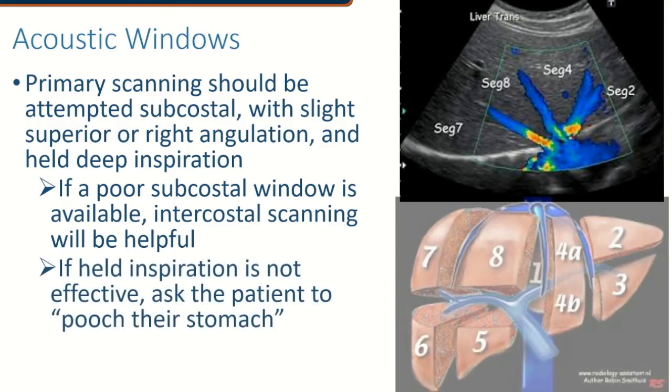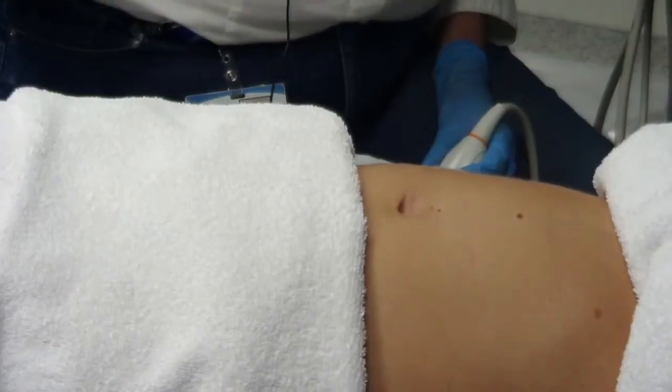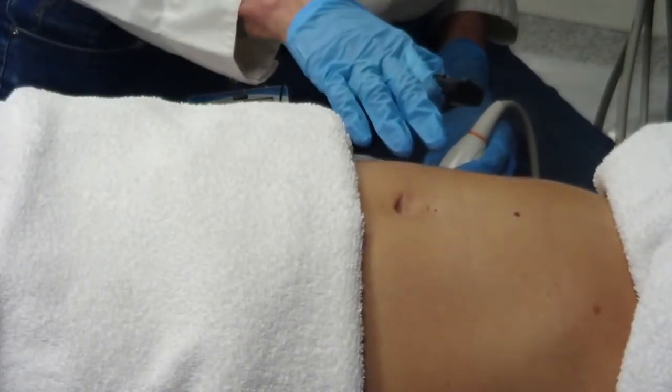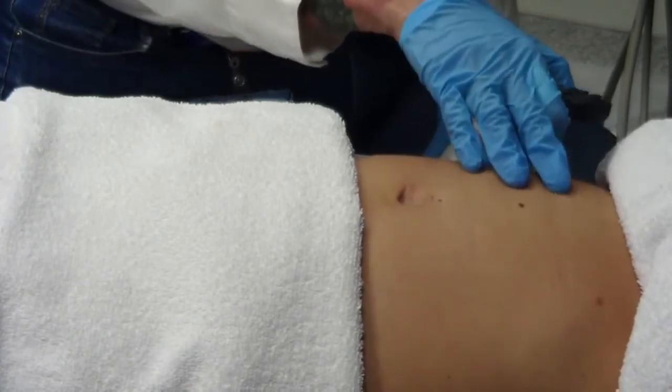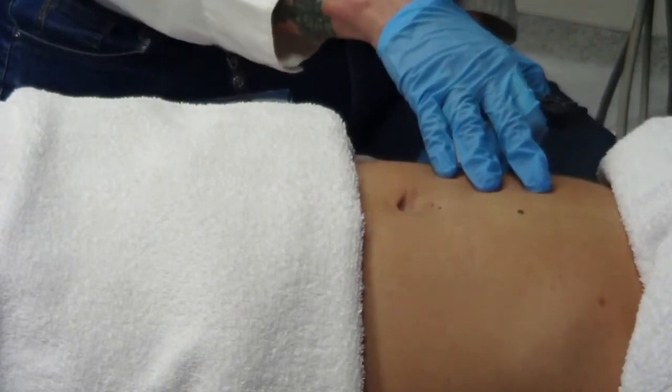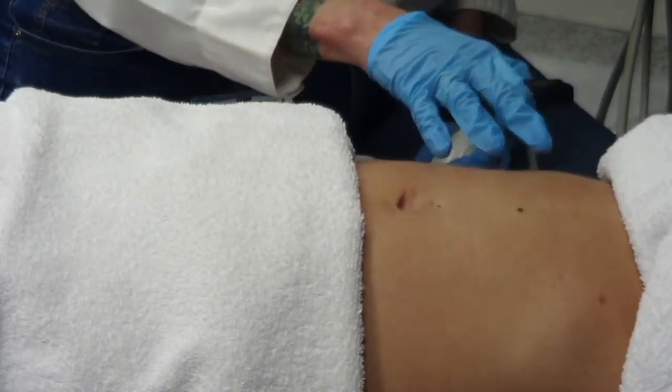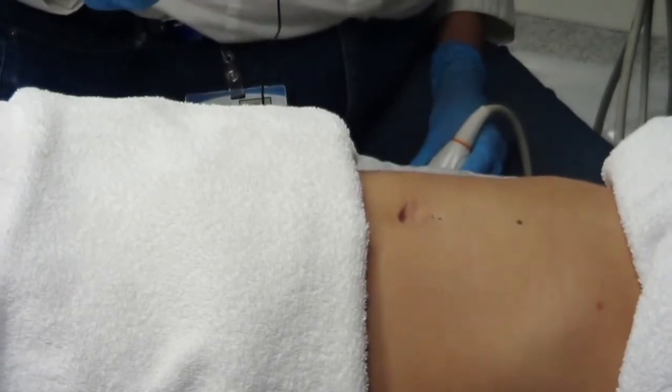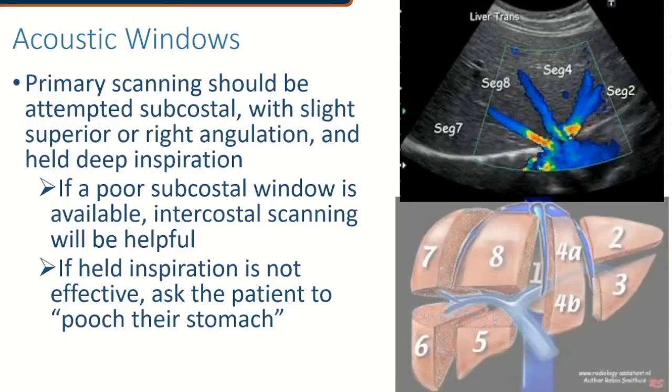And then one more technique that can at times be helpful, and it sounds a bit silly, but if a held inspiration is not effective, then you can ask your patient to pooch out their tummy, and as they push their tummy out, what it does is it flattens all of the stomach and duodenum at midline to push it away from your acoustic window. So that may be helpful.